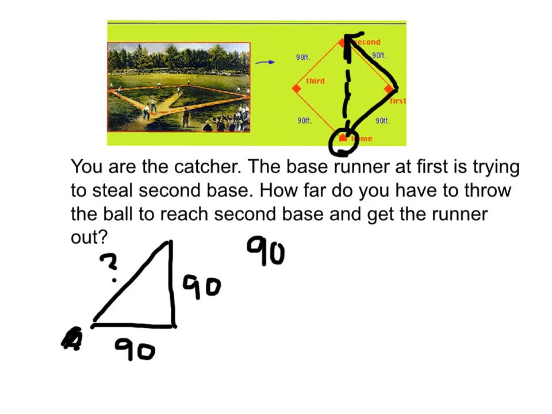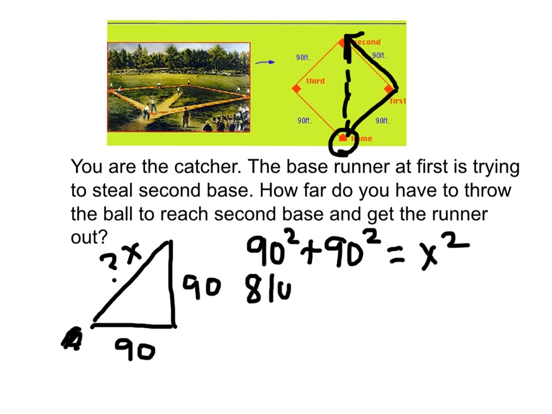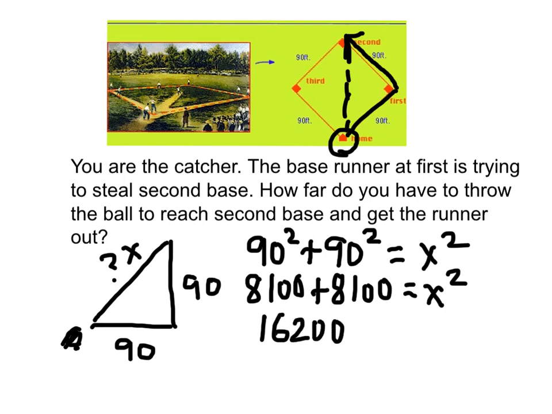So we're going to take 90 and square it. And then 90 and square it. Add those together, that would equal the distance. Let's just call it x this time. That would equal the distance squared. So 90 squared is 8,100. So adding those two together, we get 16,200 is equal to x squared.